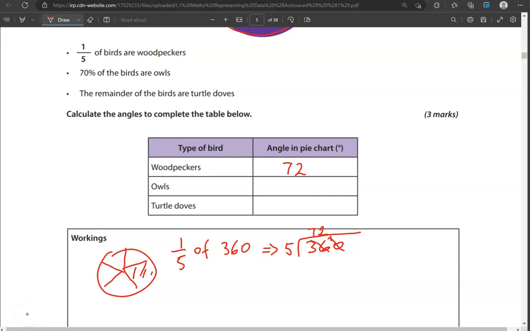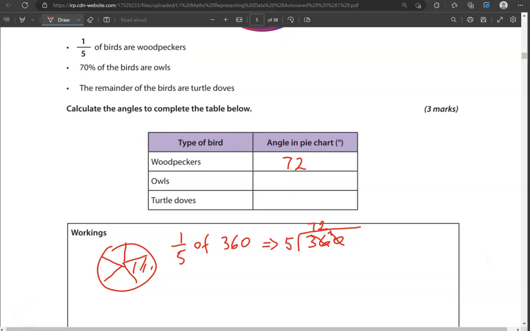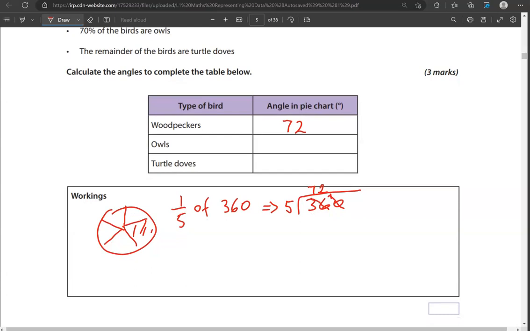Now we know that 70% of the birds are owls, so what we're going to do is work out 70% of 360. As we can't use a calculator, we'll use a 10% method. So 10% of 360, that is 36, because 360 divided by 10 gives us 36.